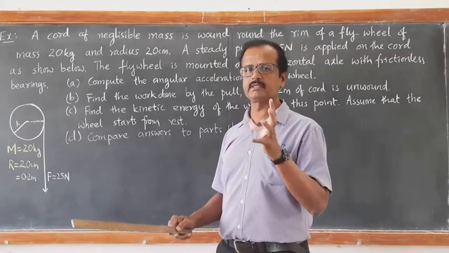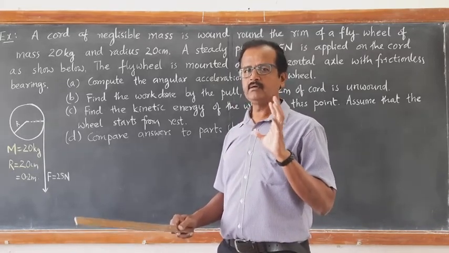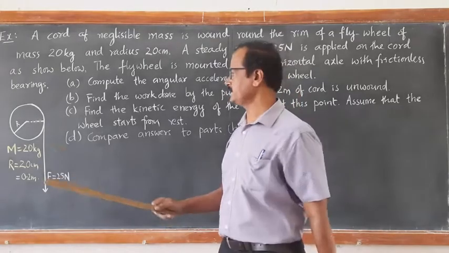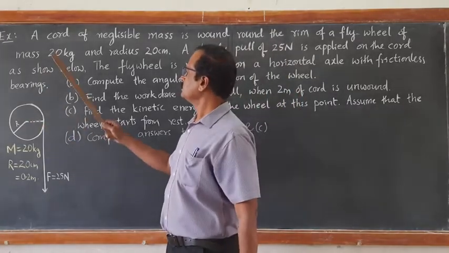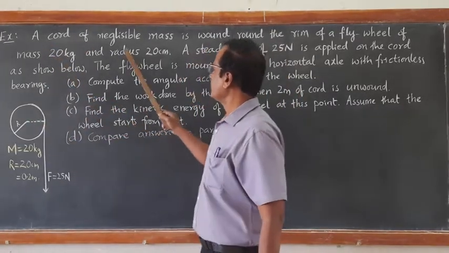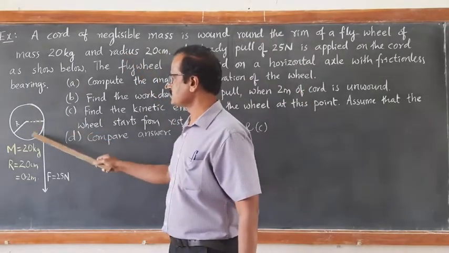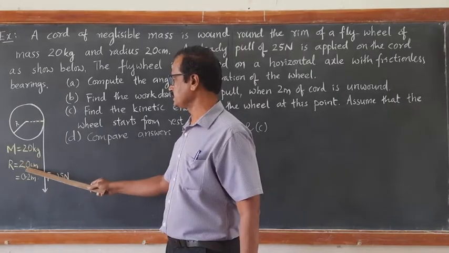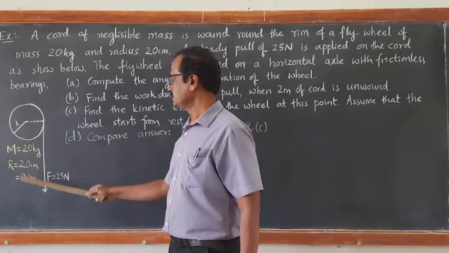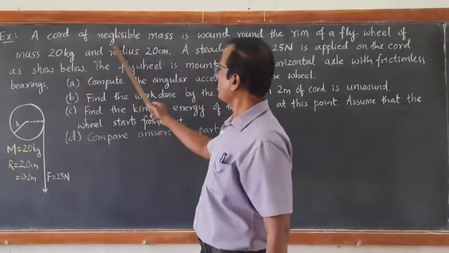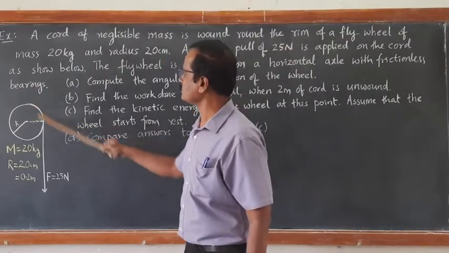A disk or a wheel with a large moment of inertia is called a flywheel. Its mass is 20 kg and its radius is 20 centimeter, or 0.2 meter. A cord of negligible mass is wound around this.